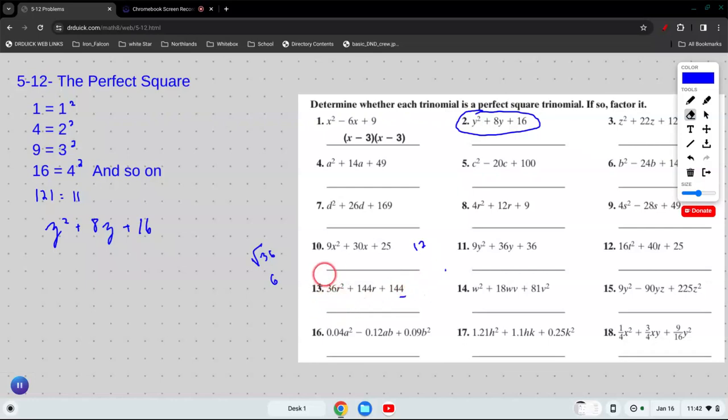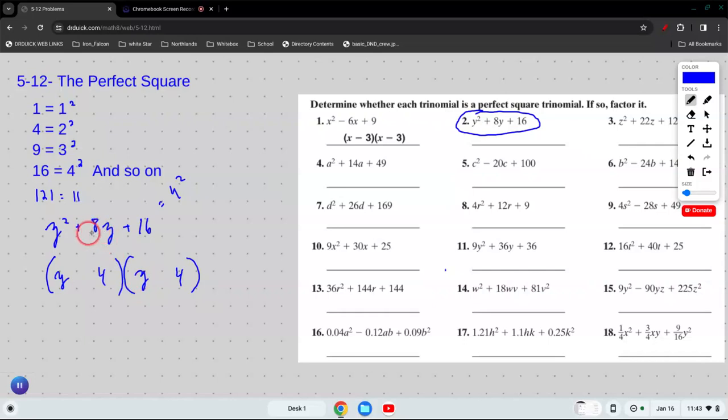So I'm going to first start with that first problem, where it says y squared plus 8y plus 16. Off the top of my head, I know that 16, if you take the square root, is equal to 4 squared. So my factors for this, in a perfect square universe, would be 4 and 4, and I put my y here and my y here.